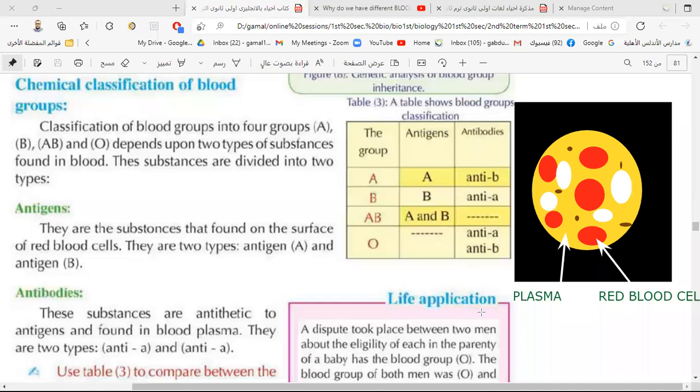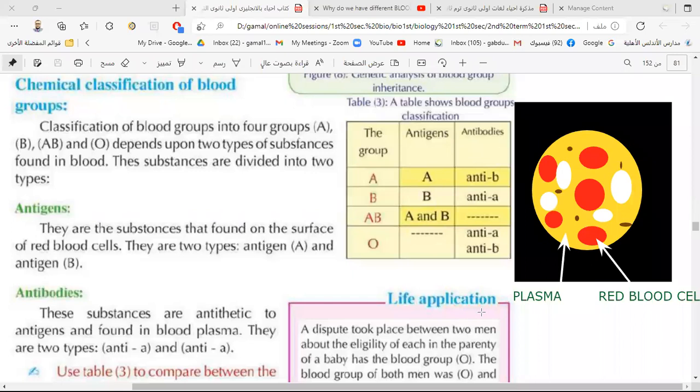If a microbe or a pathogen enters the body, the blood can produce antibodies. Antibodies are chemical substances which can kill this microbe. These antibodies act in the blood as a defense system against strange objects, strange pathogens, or bacterial cells.